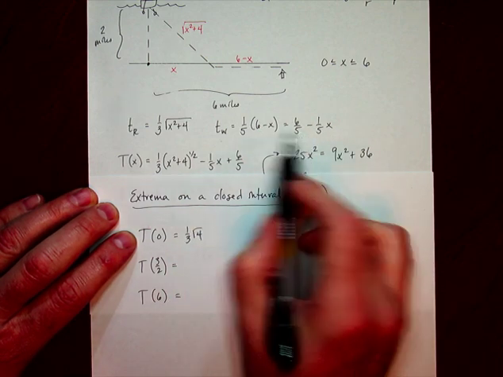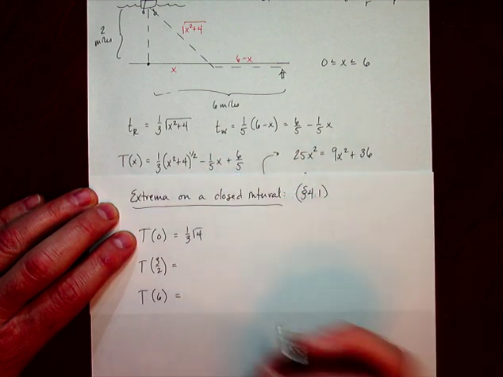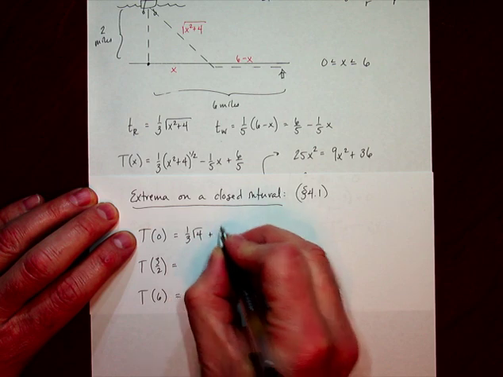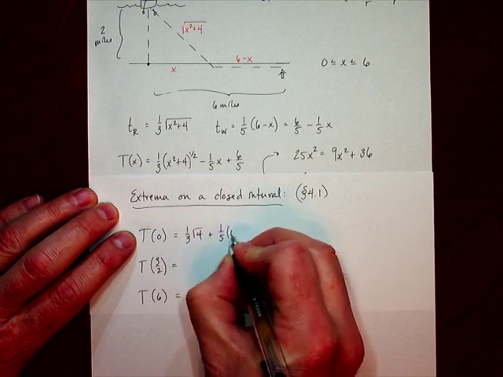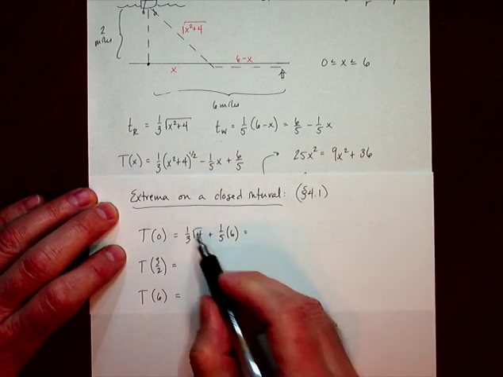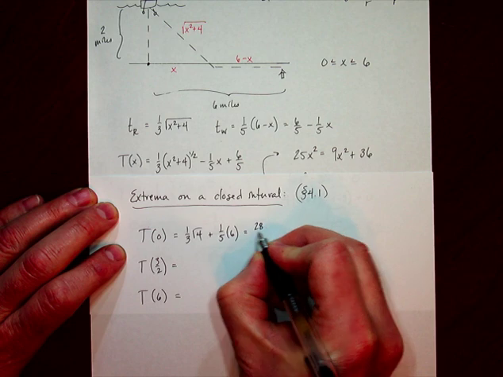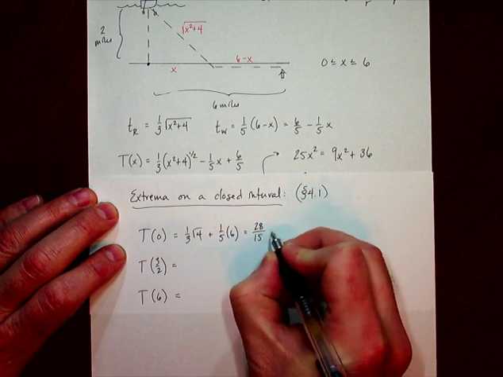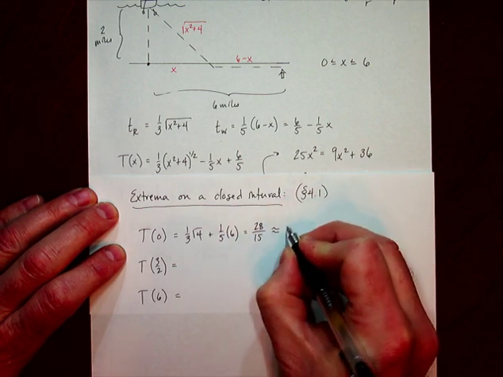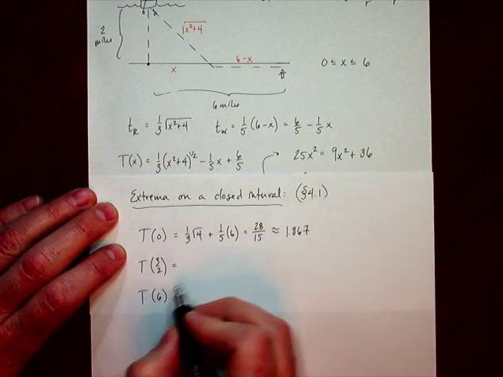And then if I use this version right here, instead of it having been distributed and reordered, I'm going to get 1/5 times 6. Well, that winds up being 2/3 plus 6/5. If I get a common denominator, that's going to simplify to 28 over 15, and I get 1.867.